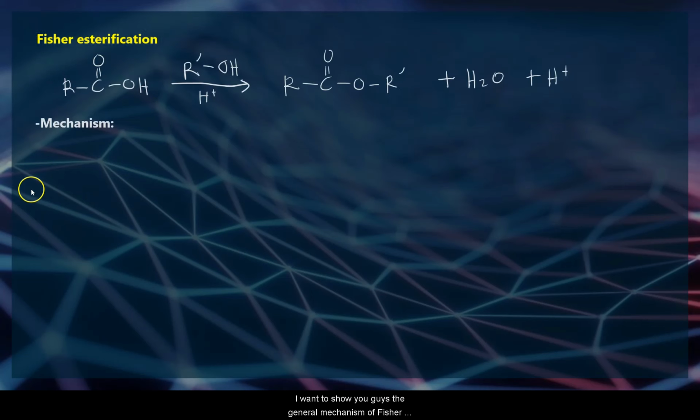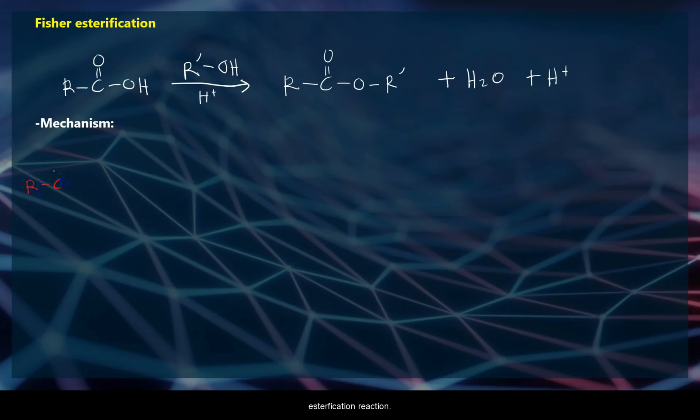I want to show you guys the general mechanism of Fischer esterification reaction. First step, an electron pair on oxygen at C double bond O takes a hydrogen ion. Oxygen becomes positively charged since it loses electron. Next, the pi bond is broken.